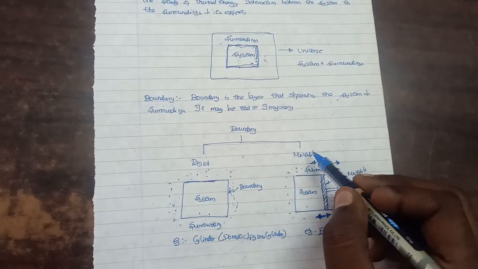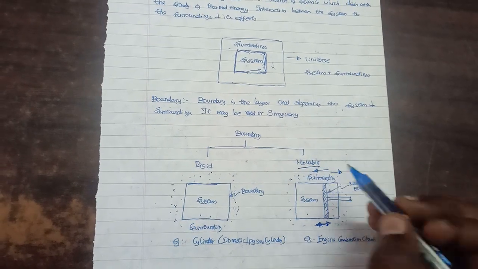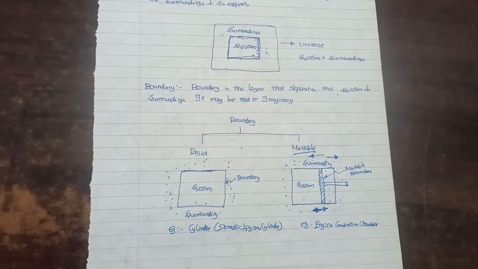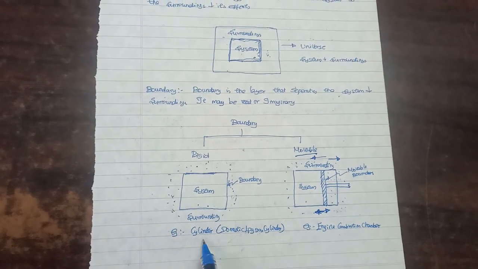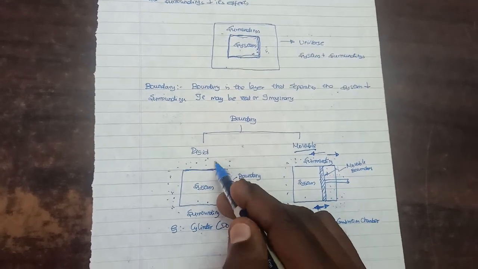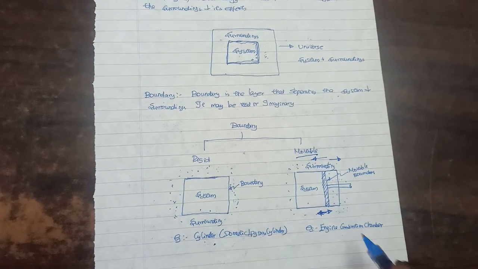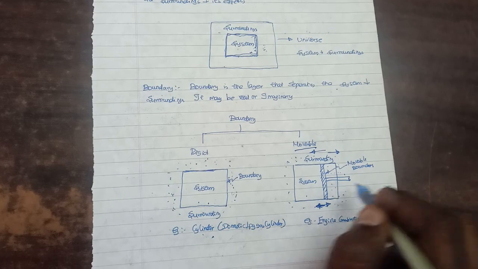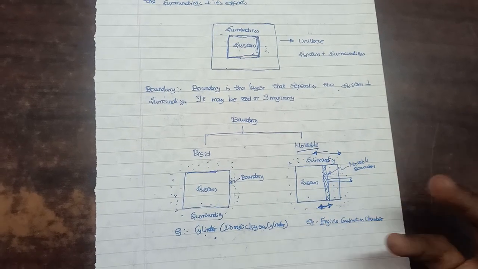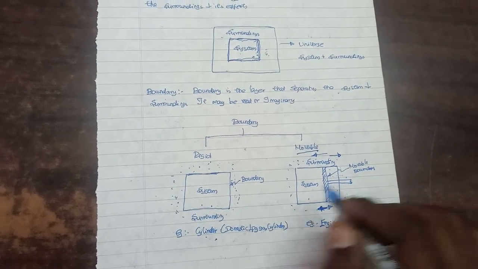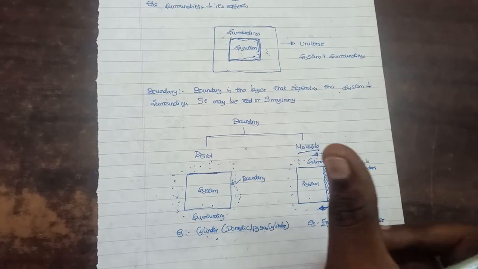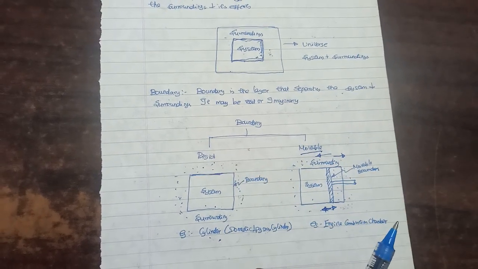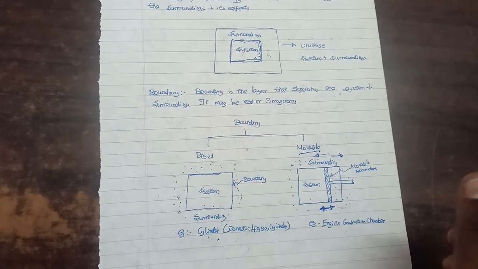Those are called movable boundaries. For example, any cylinder is a rigid boundary. For movable boundaries, we can take the engine combustion chamber where the piston keeps moving, or a reciprocating pump where the system area keeps changing.